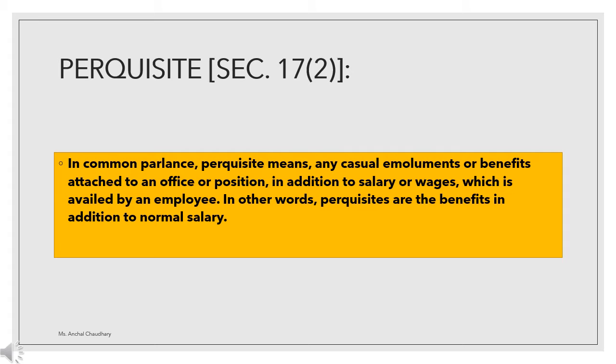These are prerequisites which a person receives through his employment. Prerequisites are of three types: fully taxable, partially taxable and exempted prerequisites. Let's have a look at some important prerequisites from the examination point of view.